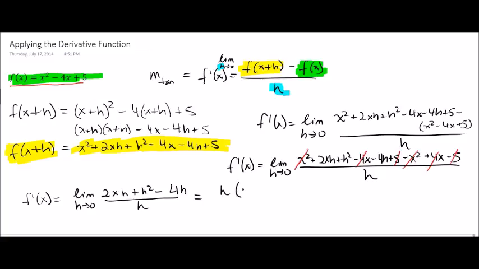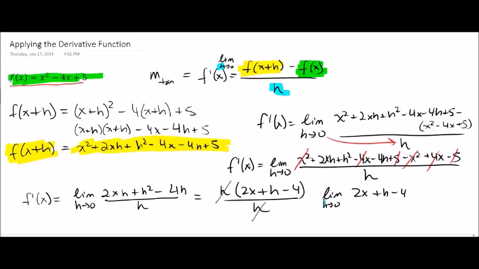that I can factor an h out of the top and be left with 2x plus h minus 4 all over h. And now the h's, which we were previously unable to substitute in because we'd get a 0 in the denominator, reduce out to 1. And we're left with the limit as h approaches 0 of 2x plus h minus 4.